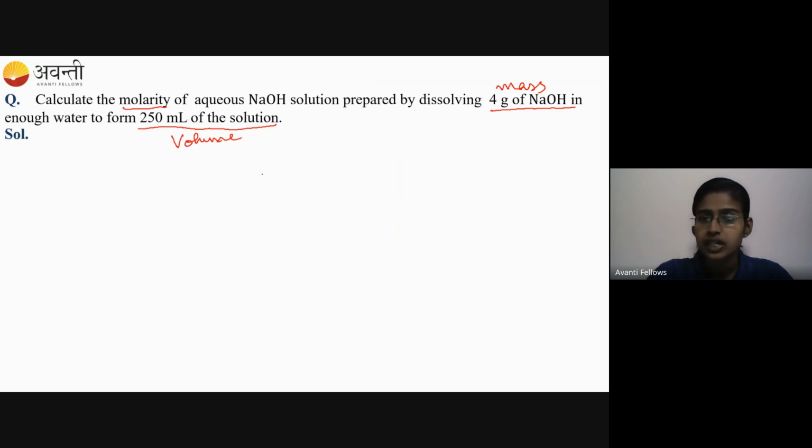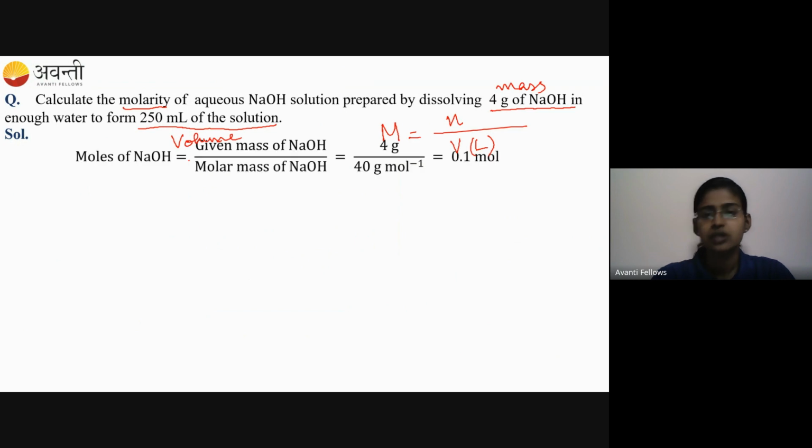So what is molarity? Molarity is equal to the number of moles of solute divided by the volume of solution in liter. We have the volume, and we can convert milliliter to liter, but we don't have the number of moles. So what is the formula to find the number of moles? Number of moles is equal to the given mass divided by the molar mass.